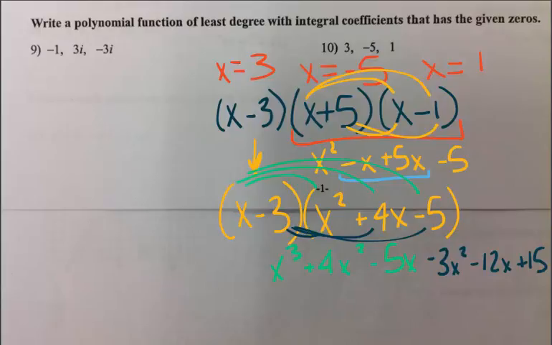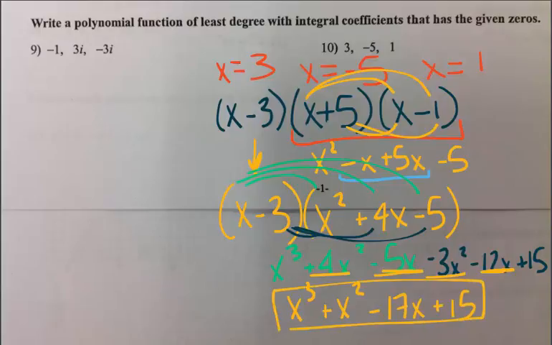And we combine any like terms that we see. I don't see anything else with the x cubed. I see a positive 4 and a minus 3x squared, so we have 1x squared. I see negative 5x's minus 12 more, so there's negative 17x. And I got plus 15 on the back by itself.